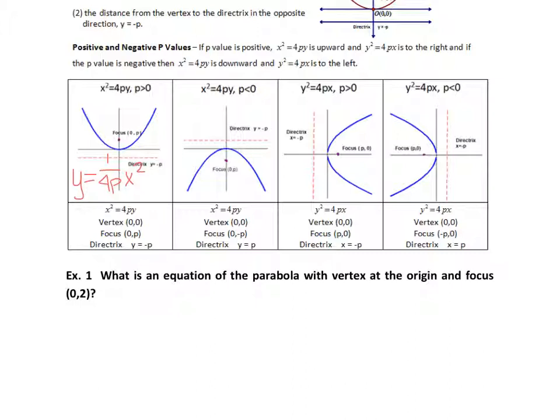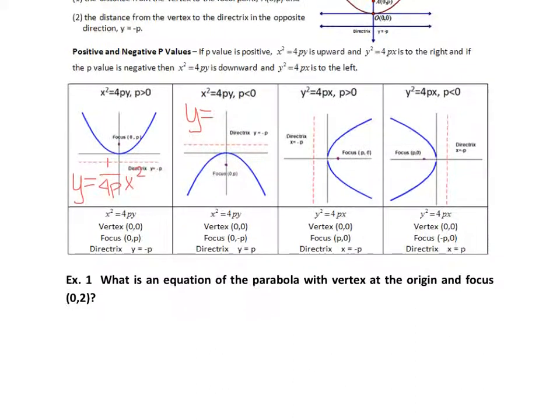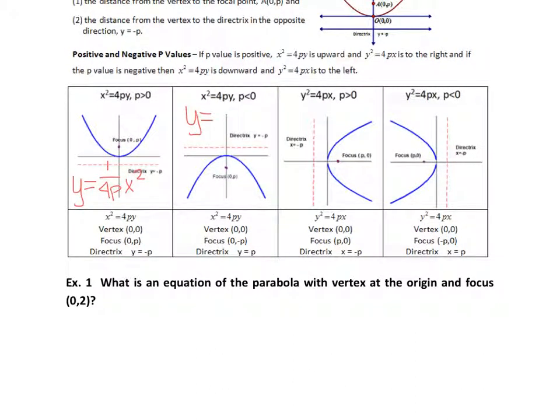On the one facing downward, this is how you would write it: y equals 1 over 4p x squared. It's the exact same as the one facing up, however our p-value is going to be negative, causing a negative number right there.